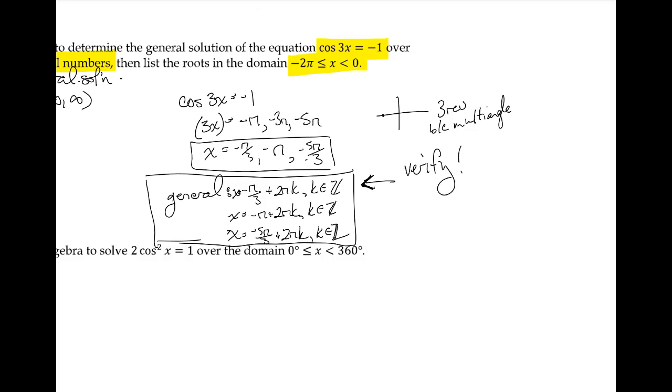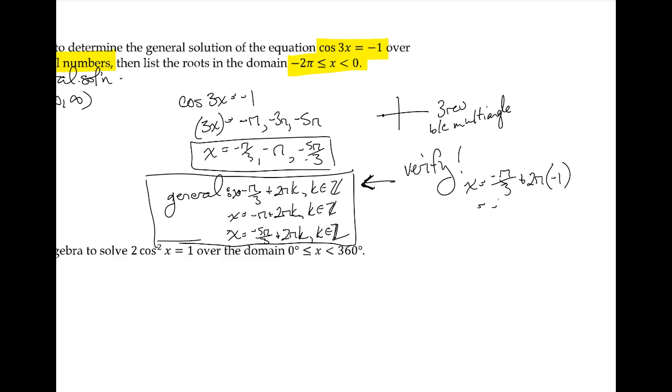So if I chose for the first one that x equals negative pi over 3 plus 2 pi times negative 1, that's my value for k. So I simplify this. I'm going to subtract 2 pi, which is 6 pi over 3.